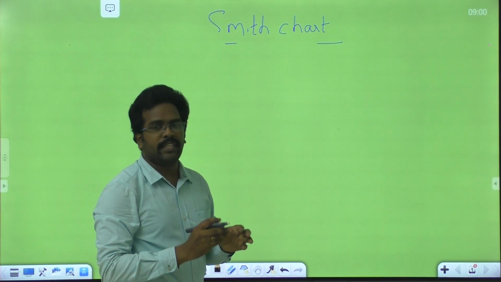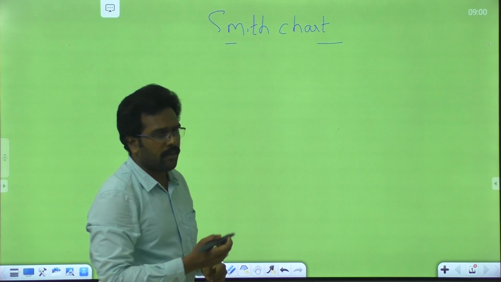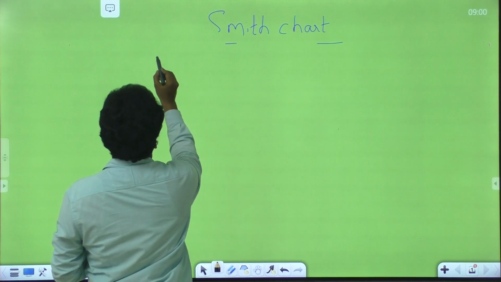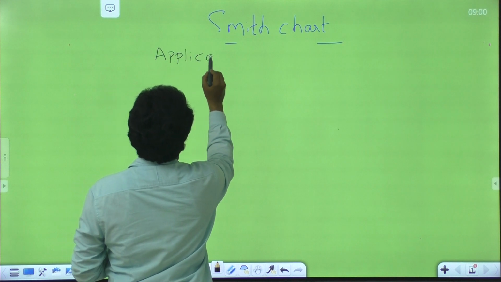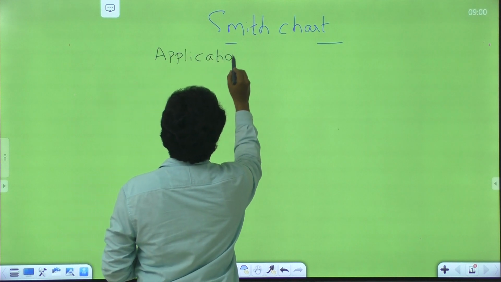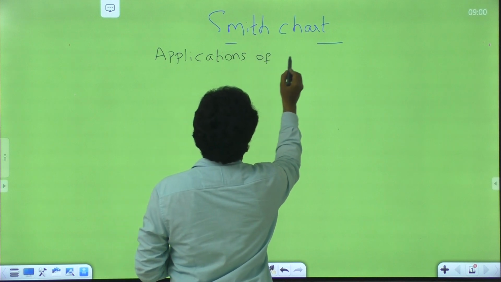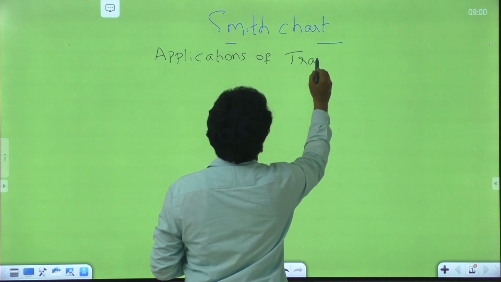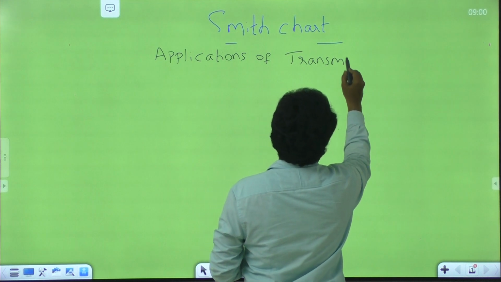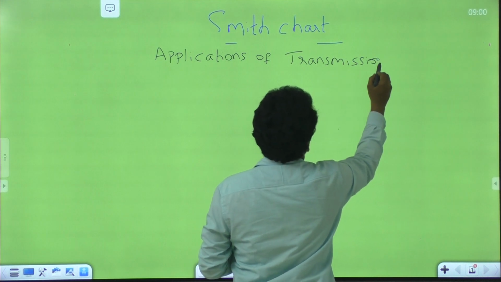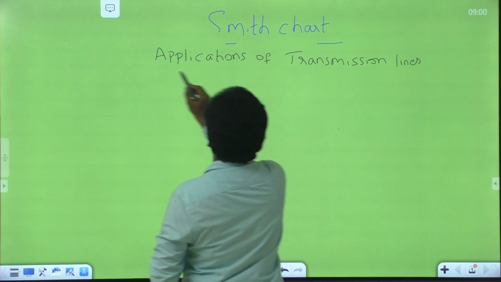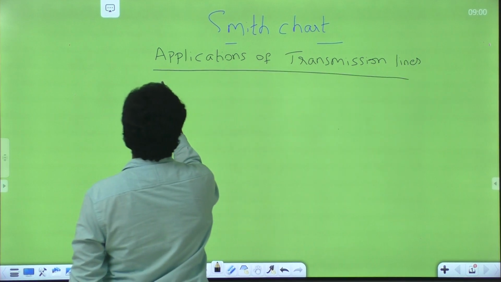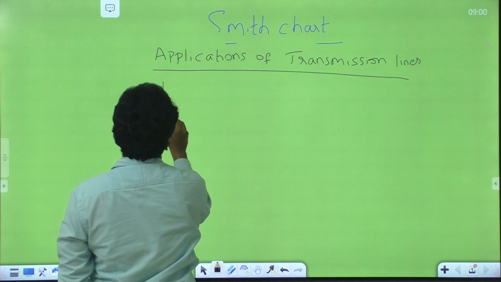With this information, I would like to explain some concepts, that is, applications of transmission lines. Here we'll discuss 3 applications.